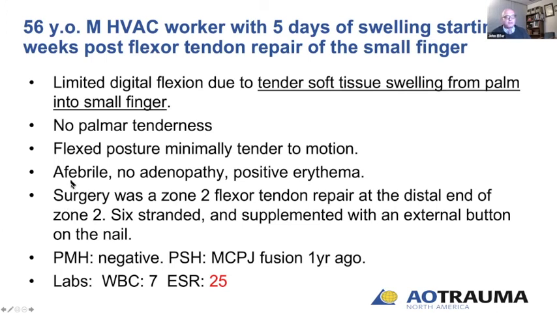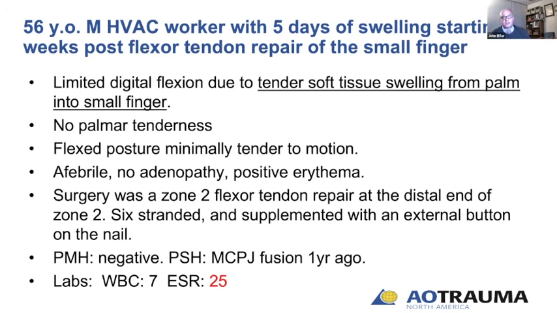Now, the surgery six weeks before was a zone 2 flexor tendon repair, right at the end of zone 2. The patient seemed to his wife and to myself like he was going to start using the hand before we told him to.